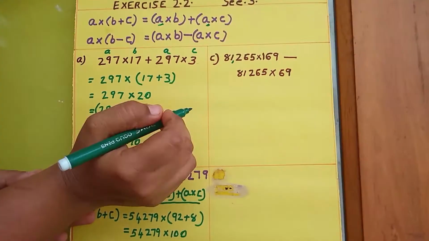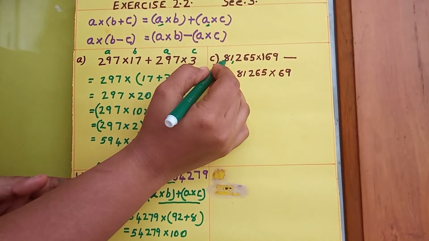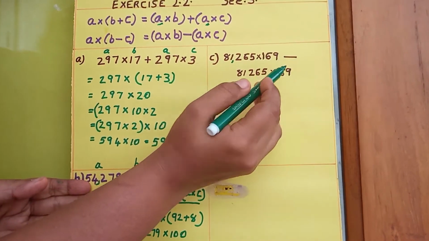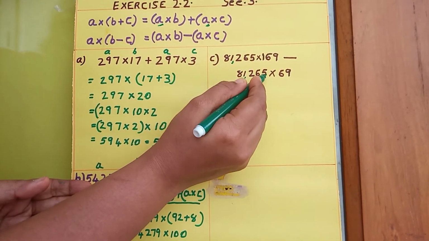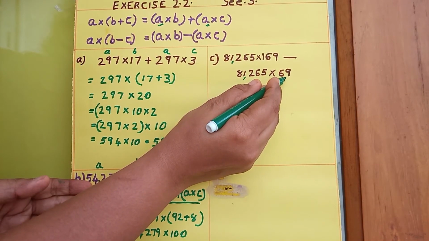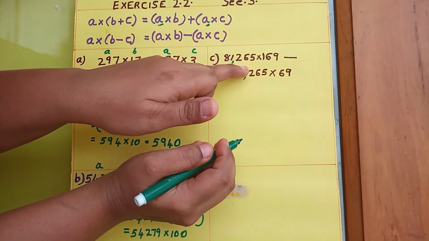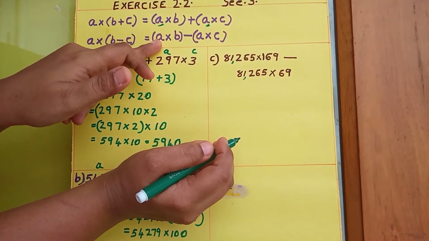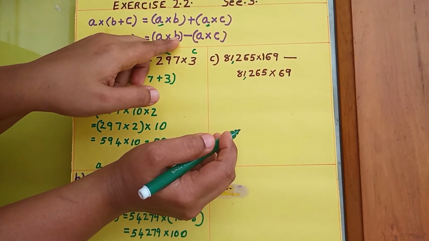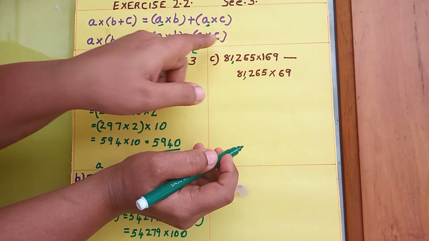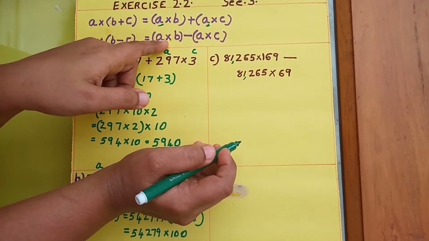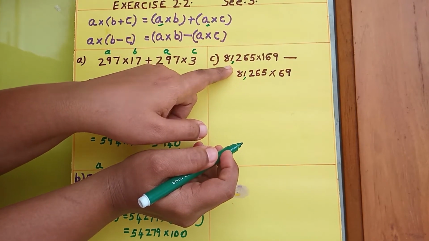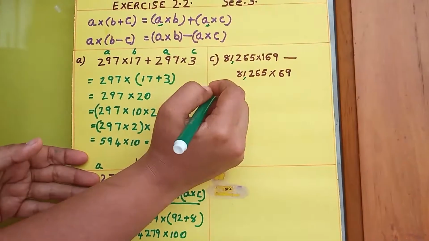Now in this problem, 81,265 into 169 minus 81,265 into 69. You can see that here two numbers are repeating. That means our problem comes like this: A into B minus A into C, with the subtraction sign, so we should take this formula. This is the RHS side, so we have to find out the LHS.